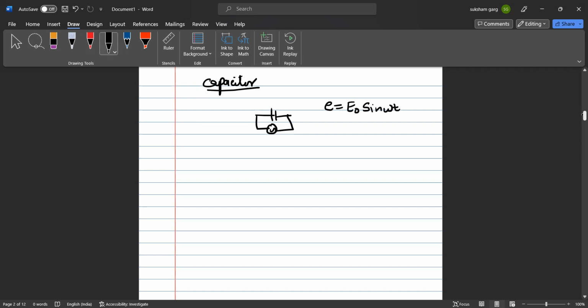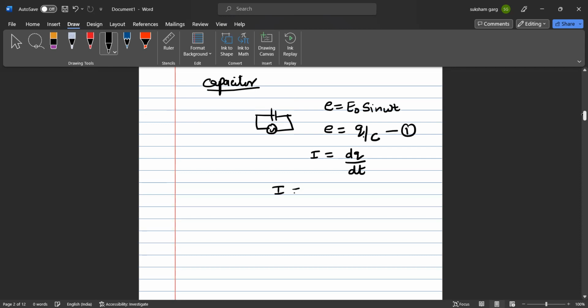Now in a capacitor, if you remember, EMF or voltage is equal to Q by C, where C is the capacitance. Now I don't want charge, I want the value of current. So I know very clearly that current is equal to the rate of change of charge, right? So now I will fill the value of Q from equation number 1 into here.